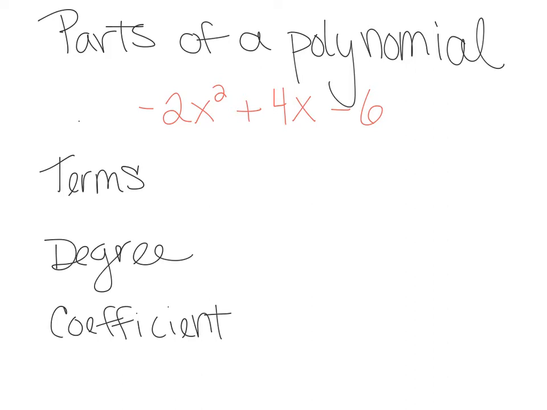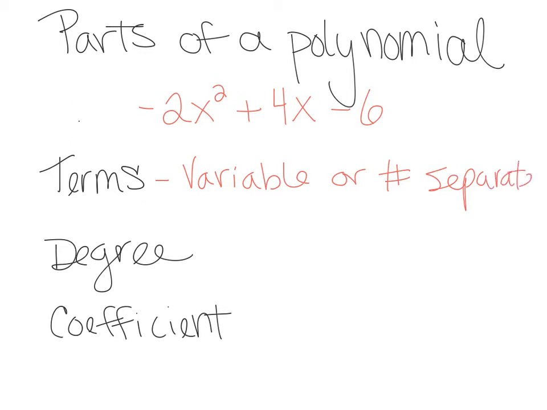And so there are 3 different words that we use when we talk about polynomials. One is the terms. So a term is just a variable or number which is separated by addition and subtraction. So in our case here, think of each of these pieces as parts of the polynomial.